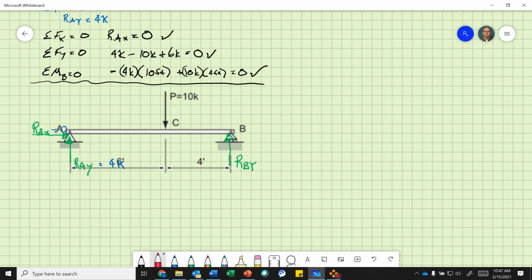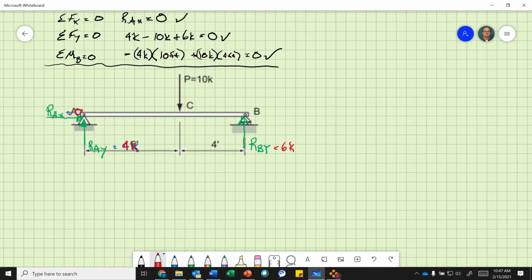So we know this equals 6 kips, this equals 4 kips, and this equals 0. Okay. Now I want to solve for the shear and the moment. So basically, sometimes what I need to do is find the shear and the moment at a specific location in my beam.